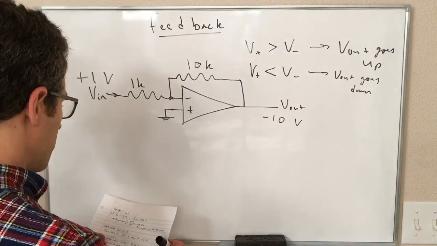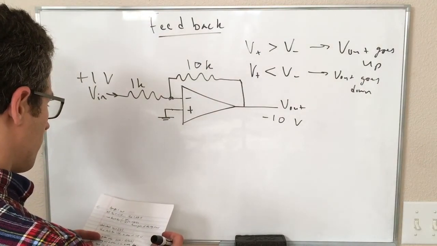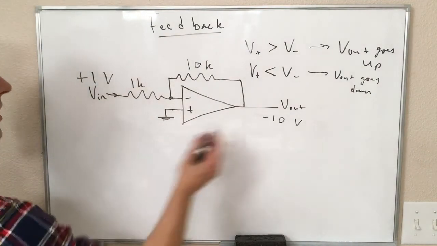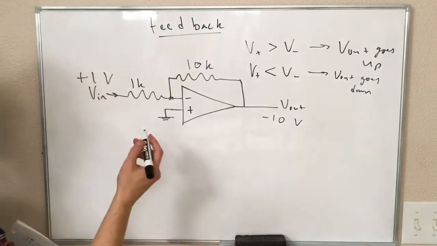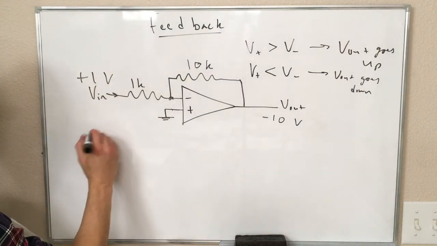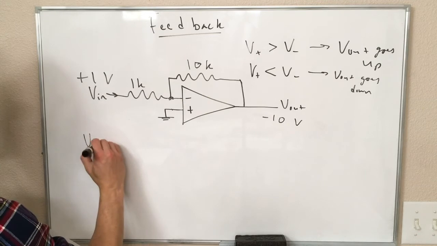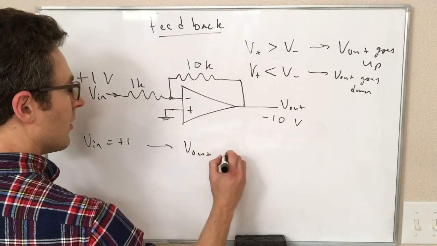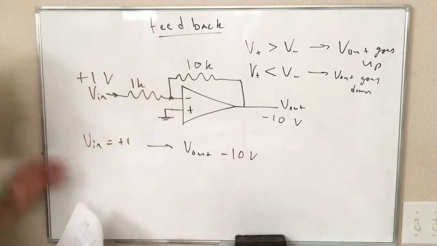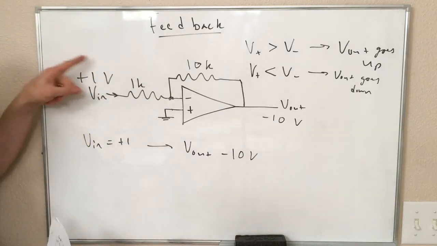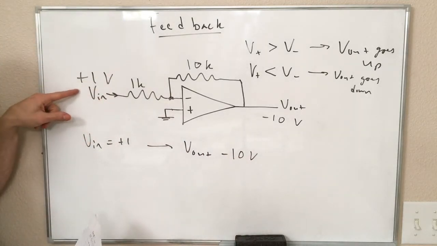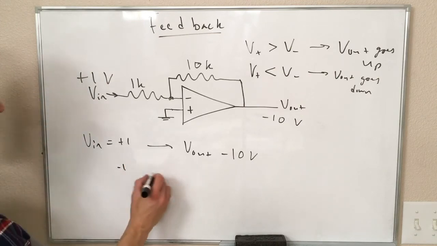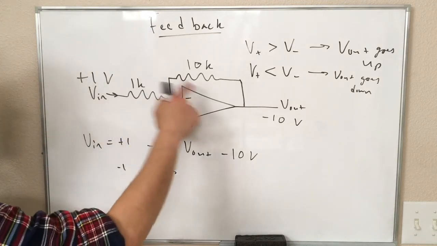Anyway, the function of this circuit, I won't analyze further. I'll tell you what it does. If Vin was equal to +1, we got V out of minus 10 volts. If you change the input to -1 volt, we get an output of +10.